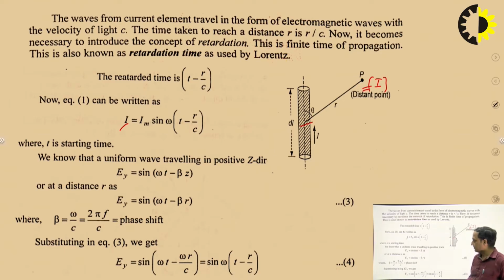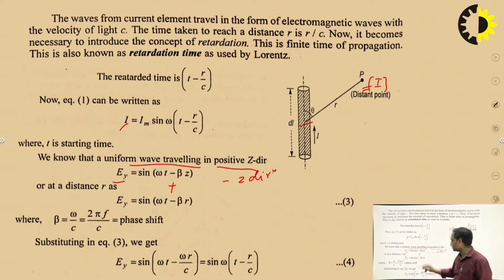Another way of representing the wave equation in this case is Ey equals sine omega t minus beta z. We are considering a uniform plane wave traveling in the positive z direction. If the wave travels in the negative z direction, we write a positive sign here.